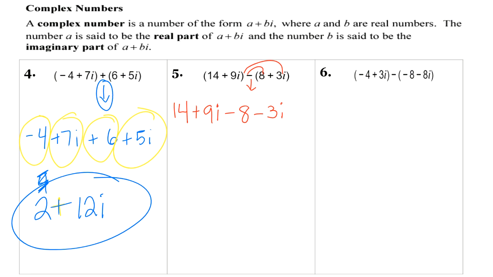And now at this point, I combine like terms. So 14 and -8 is 6. And then I have 9i and a -3i, which is 6i.